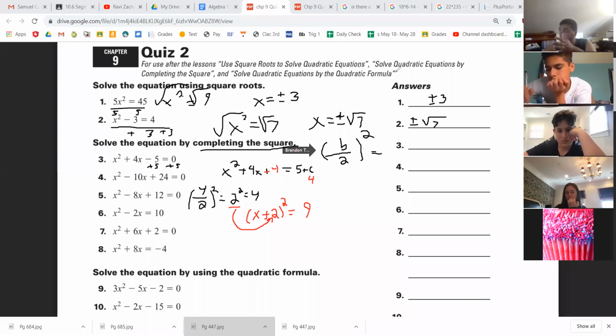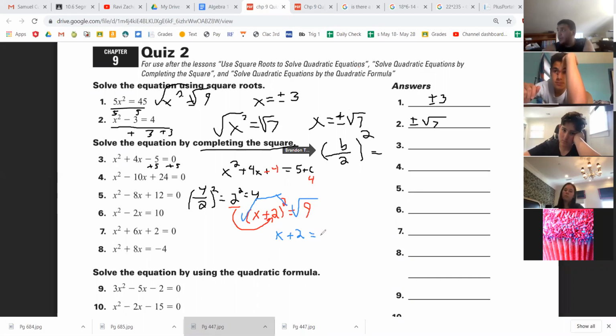Okay, so now we've got x plus 2 squared is a perfect square. I could square root this side and square root that side. The left side is just x plus 2. The square root gets canceled. Over here, the square root of 9, as we said over there, is plus and minus 3. Don't forget the plus or minus. Then I'm going to subtract 2. Subtract 2.